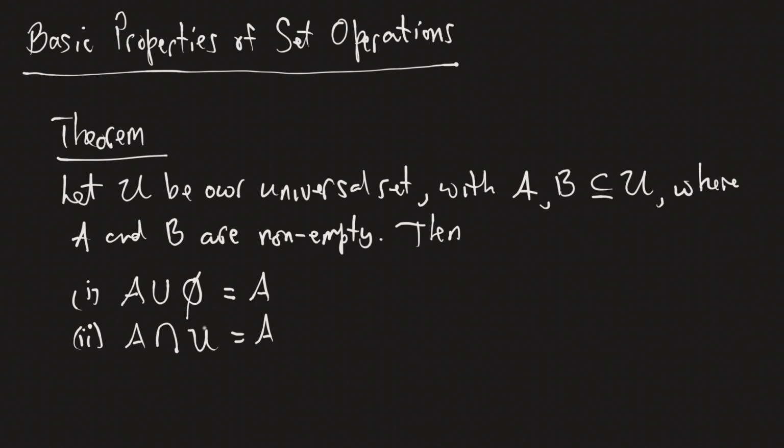So U has all the elements, and then you're finding all the elements that it has in common with A. Well, that would be all the elements of A, right?